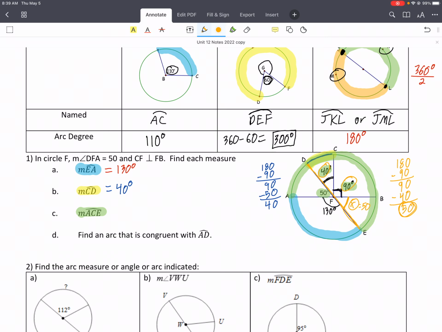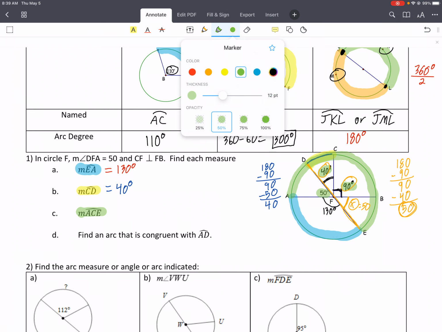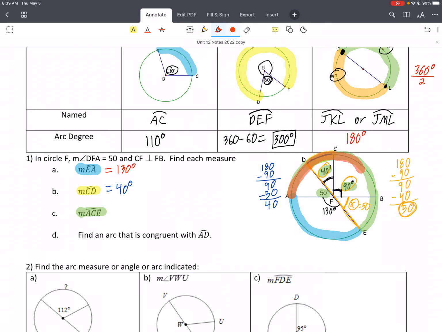So again, to figure out what this whole thing is, we would have to do 50 plus 40 plus 90 plus 50. 50 plus 40 is 90, plus 90 is 180, and then plus 50 is 230. So this right here is 230 degrees.